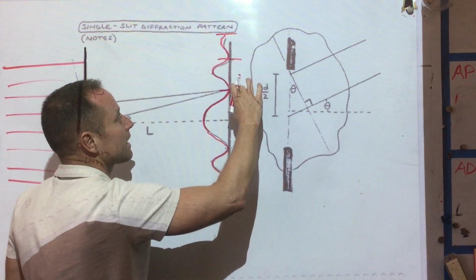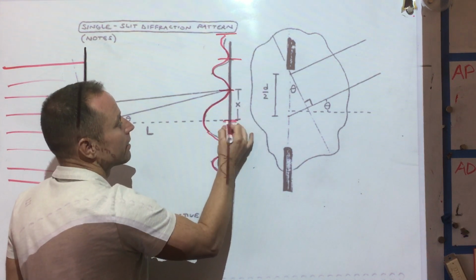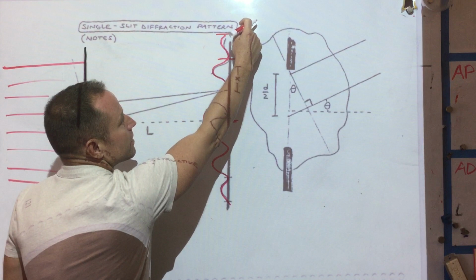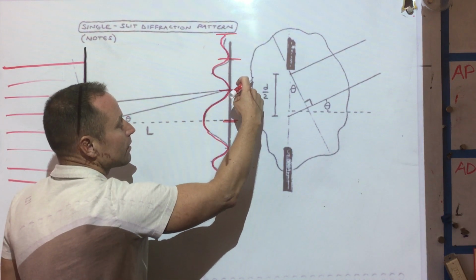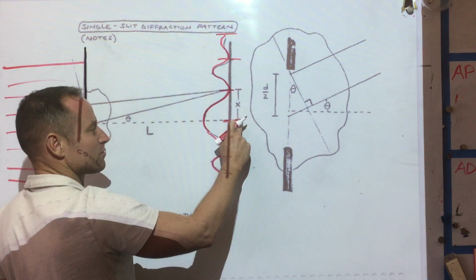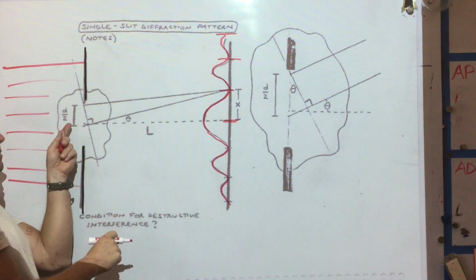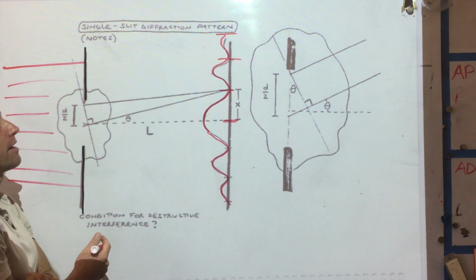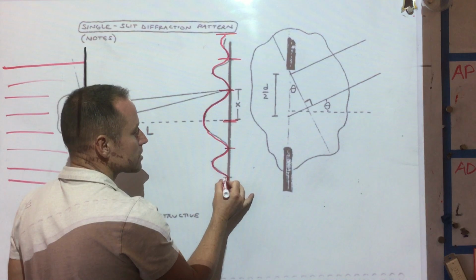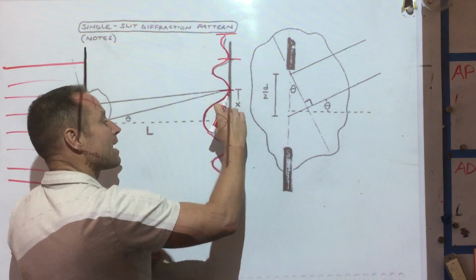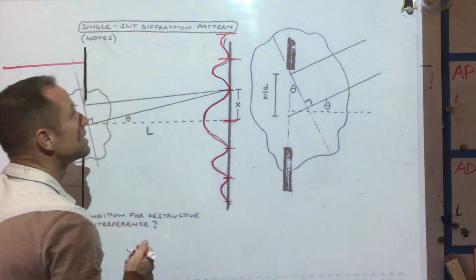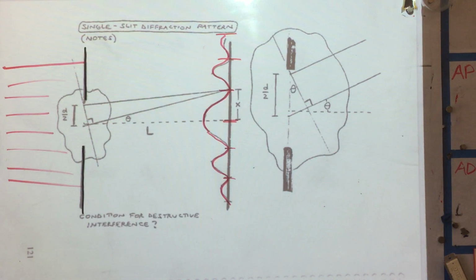If you were to repeat that, you would end up in the middle here. So you have dark, dark, dark, and then if you followed that exact same distance, it should be dark there, but we know it can't be dark because that's the exact middle of the pattern. So this central bright spot is doubly wide in the single slit pattern.